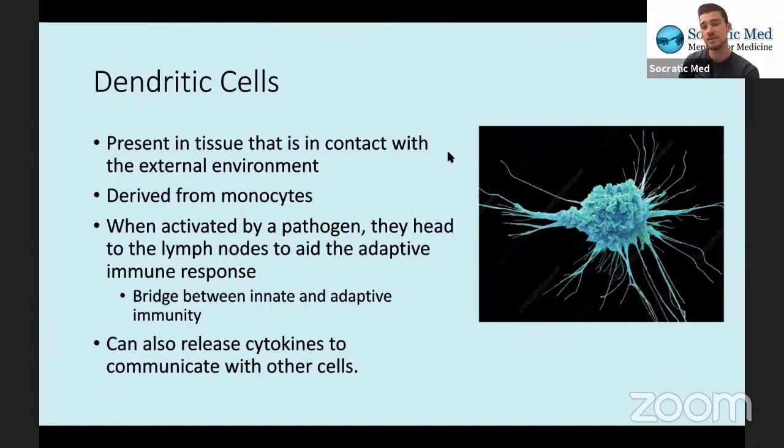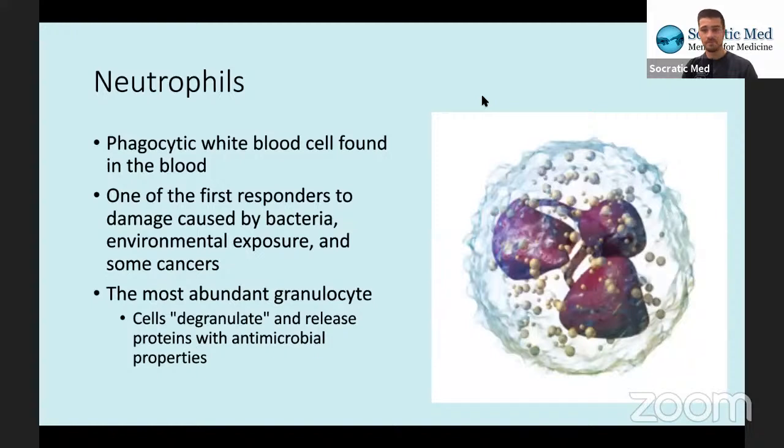So if one dendritic cell, for example, comes into contact with a pathogen, it can release cytokines to activate other dendritic cells around it. So it'll activate other immune cells around it, and it'll amplify that response. The signal will get back to the lymph nodes. The lymph nodes will probably produce T cells, and the T cells will take it from there. So it really is a concerted effort between the innate and adaptive immune system.